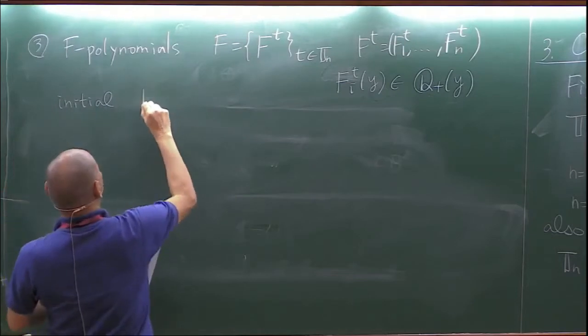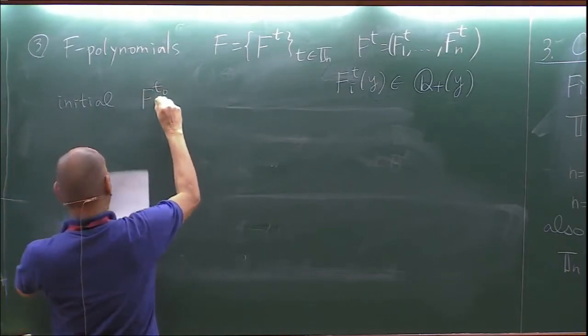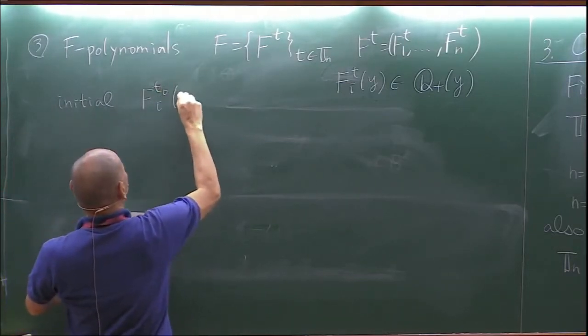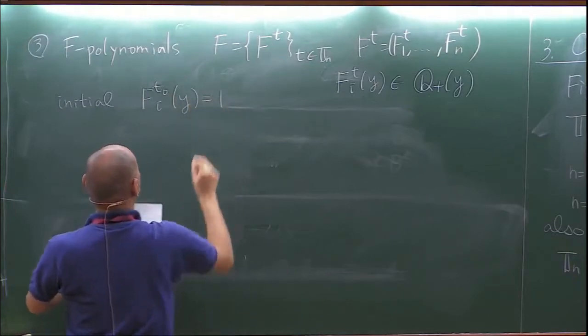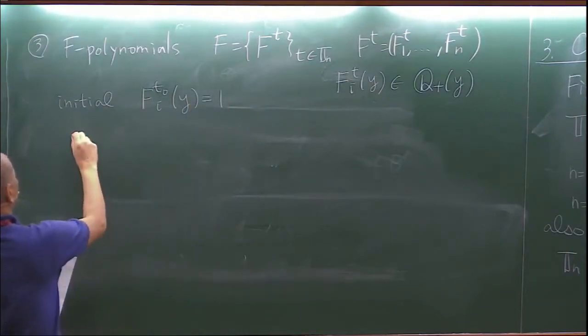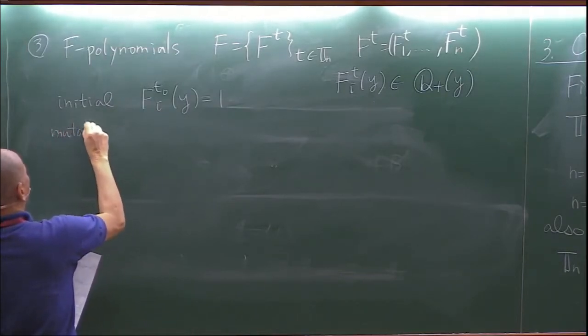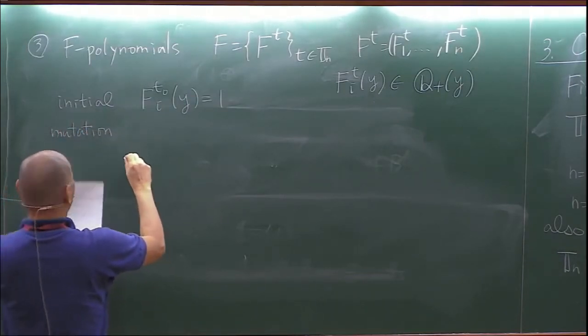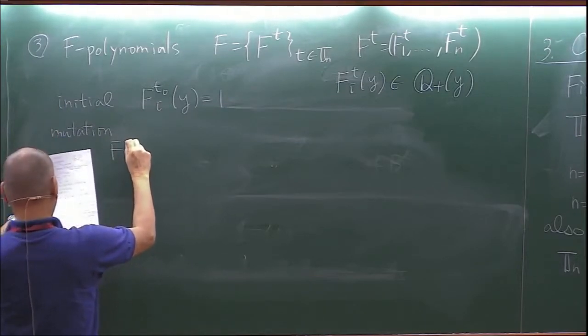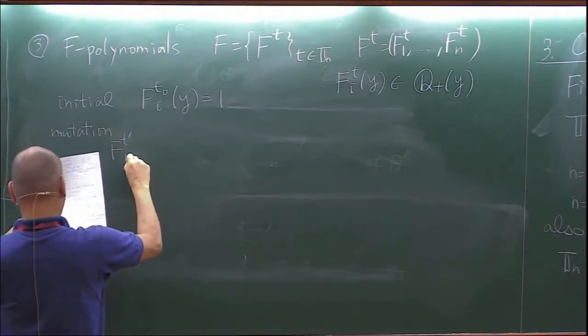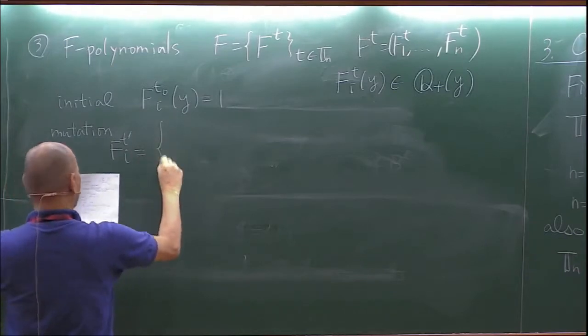Once again, this is defined by initial things, starting from a trivial rational function. Then we have a mutation formula. Well, if you missed these things, don't worry, it is written in Fomin–Zelevinsky's Cluster Algebras IV paper, so you can just look there.